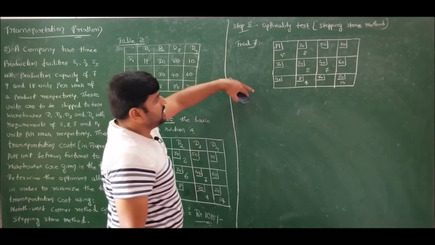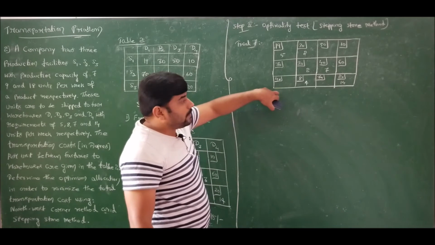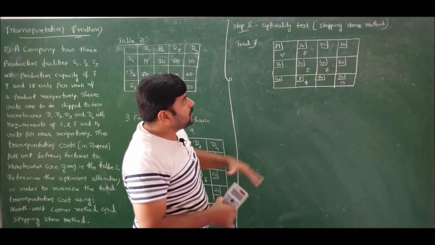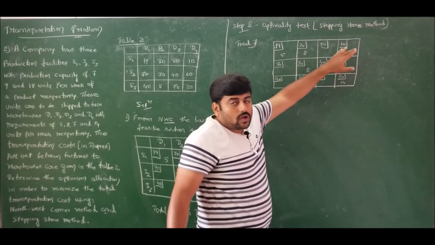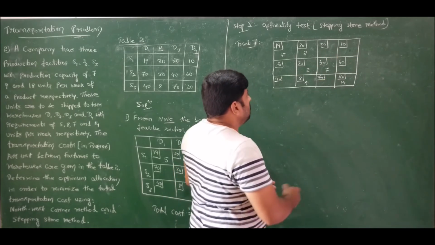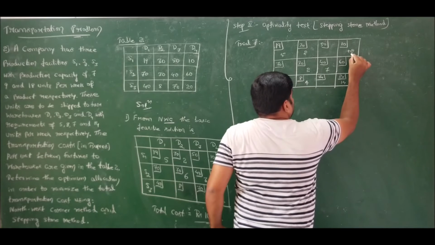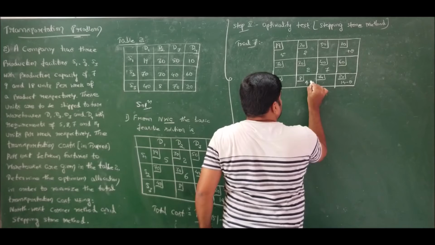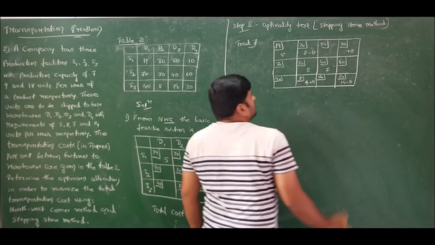This is what we had in trial 6, with optimal cost 721 rupees. We again tested for optimality and found that using x14 the total cost is further reducing. So I'll give this as plus theta, and the loop is created like this, minus theta. I come over here, plus theta, I came over here, minus theta, and connected the loop, right?